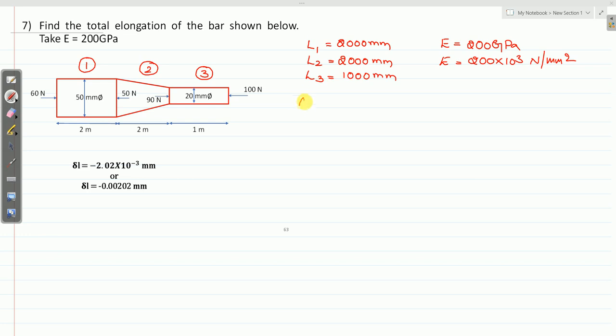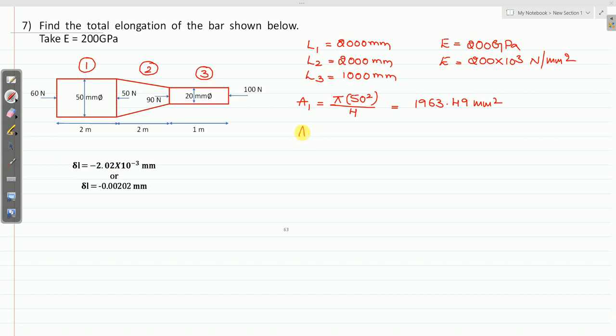So let me calculate the area A1. Here the diameter is 50 millimeter, so pi into 50 square divided by 4, which is equal to 1963.49 millimeter square.